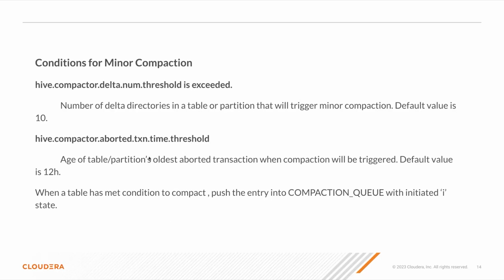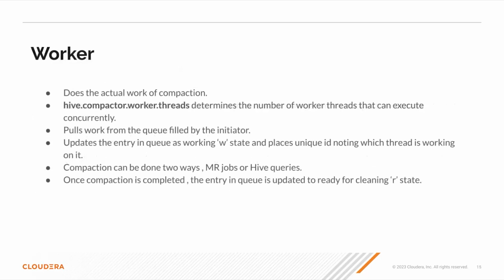And if any table fits into these conditions, and if minor or major is decided, then the initiator takes this table and all this information and puts it into a queue, which is called the compaction queue, with a state I, initiator, so that it says this particular table or partition needs to be compacted with this major or minor, depending on the condition. So in the compaction queue, we can check and the entries will be there that need to be compacted. And this is what the initiator does.